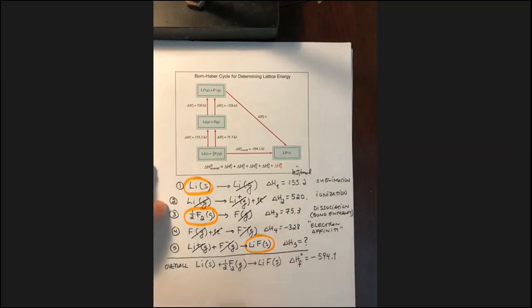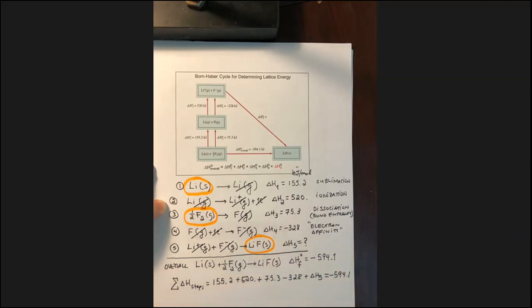All right. So now basically we're saying that the sum of all the delta H's of the steps would be 155.2 plus 520 plus 75.3 minus 328 plus delta H5, which we don't know, and that should total minus 594.1.